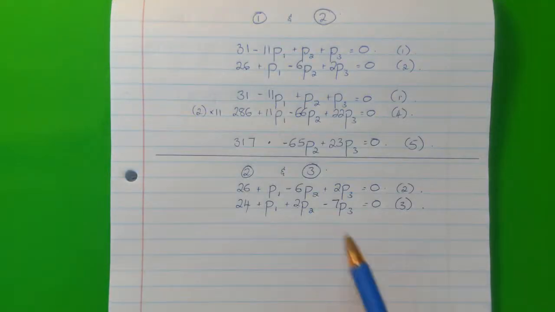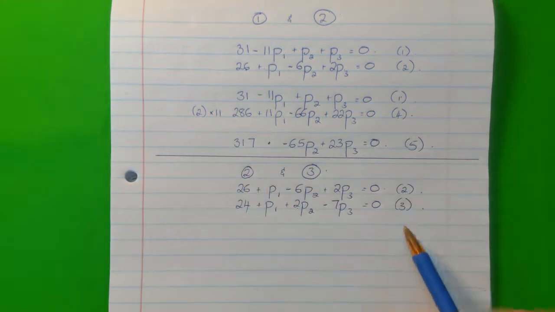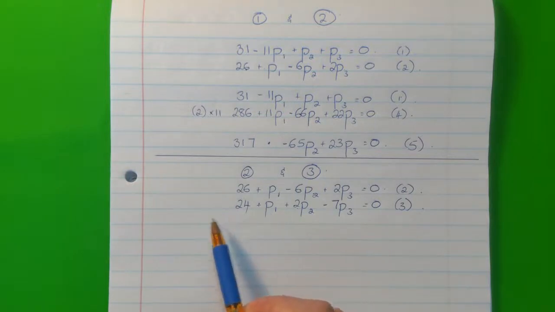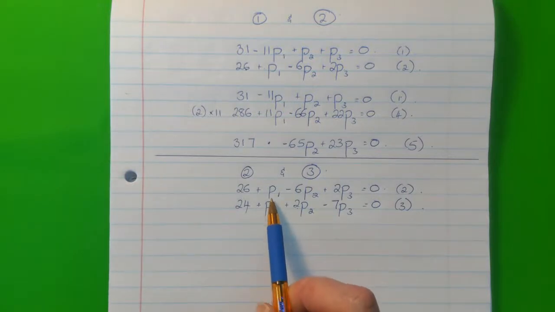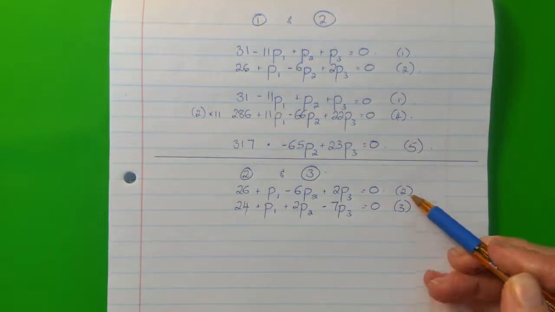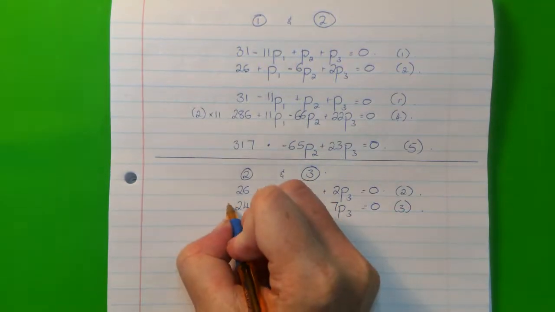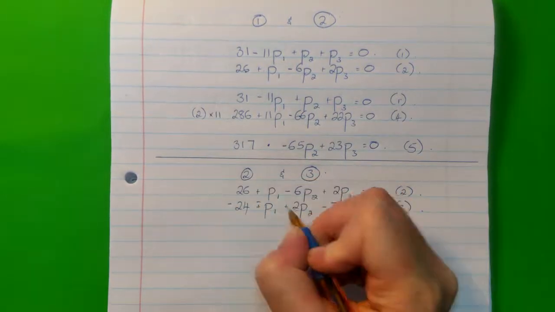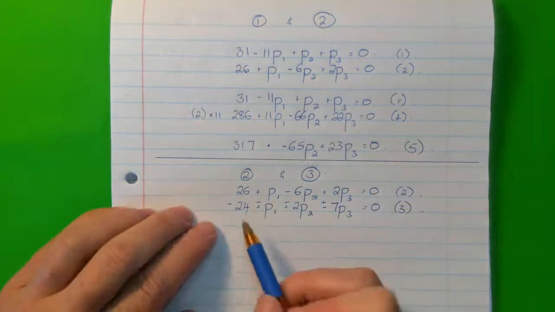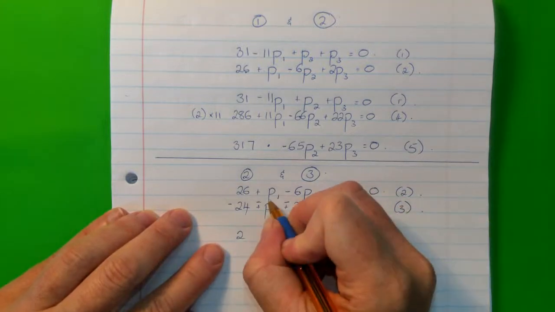In the next step, we now work with equations 2 and 3, which I have written out here. And this is a little bit simpler because all we really need to do here to eliminate P1 is subtract equation 3 from equation 2. So if we do that, if you just want to change the signs, just to perhaps make it a bit easier, 26 minus 24, we end up with 2.